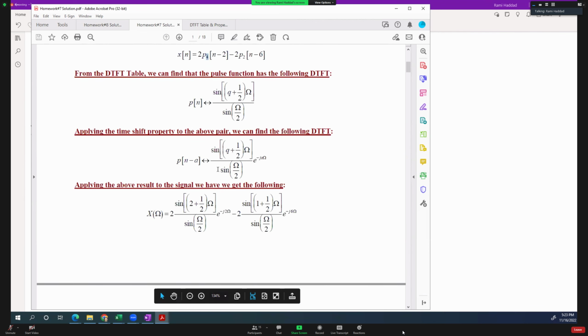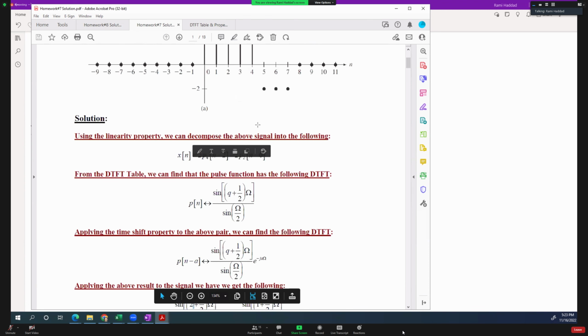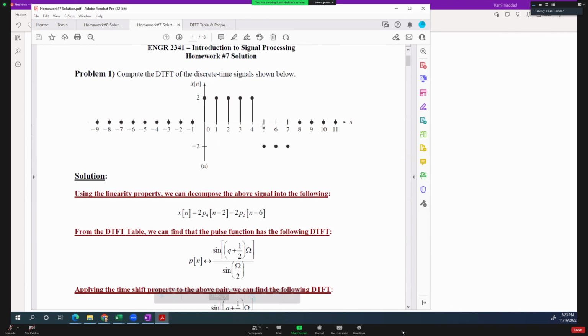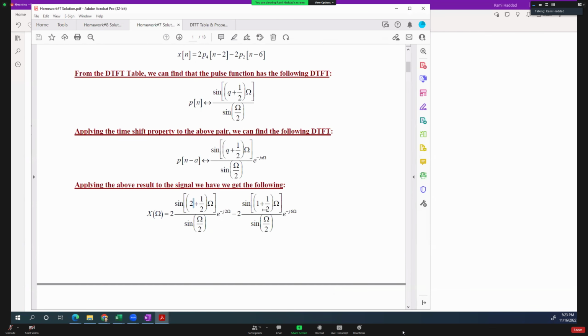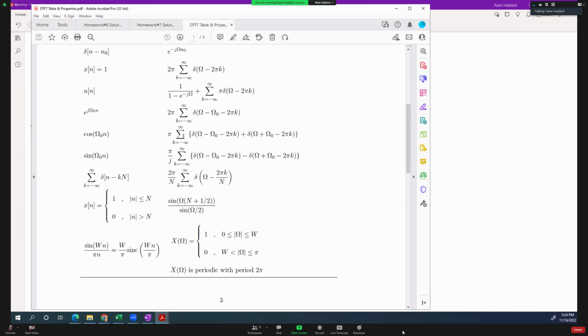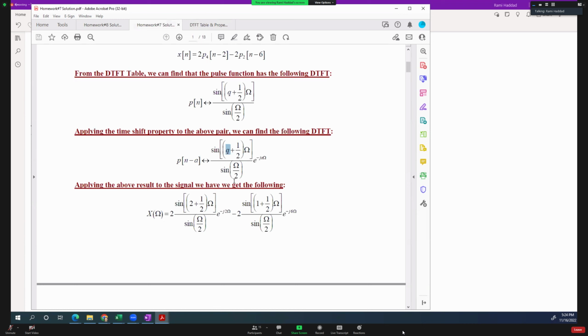So in this case, this Q would be the width of the pulse, either 4 or 2 in this case, or half of it in that sense, because 4 is the total width here, and this goes to 2 and -2 if it was centered at 0. So you'll notice that this is 2, and this pulse goes, if it was centered at 0, to 1 and -1. So n is 1. So you'll notice that Q is equal to 1. So this Q is the same as n in the pair that you have here, where n is the upper limit or the lower limit absolute in this case.